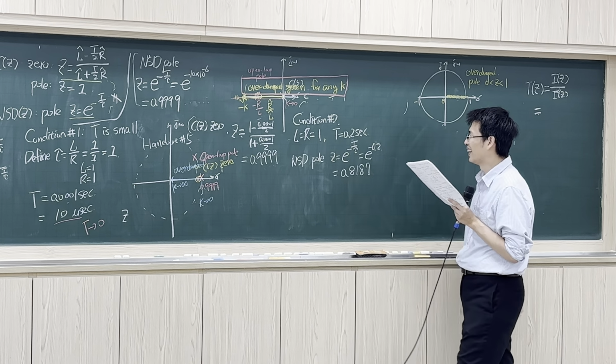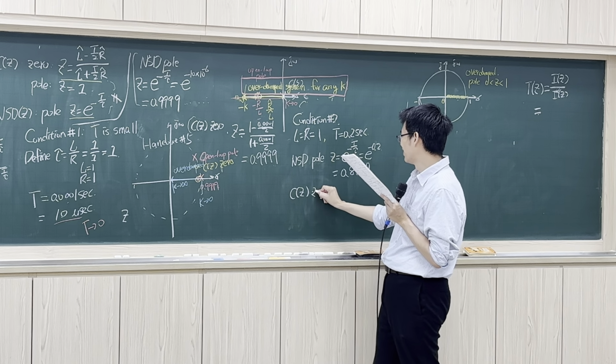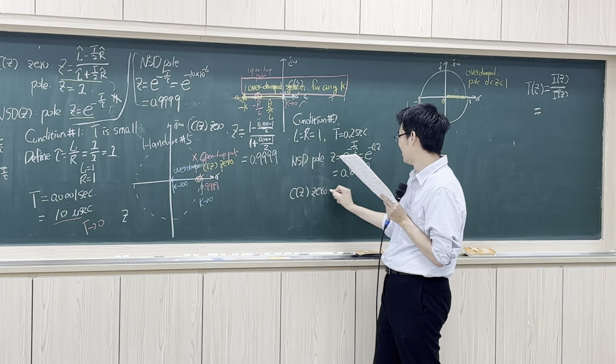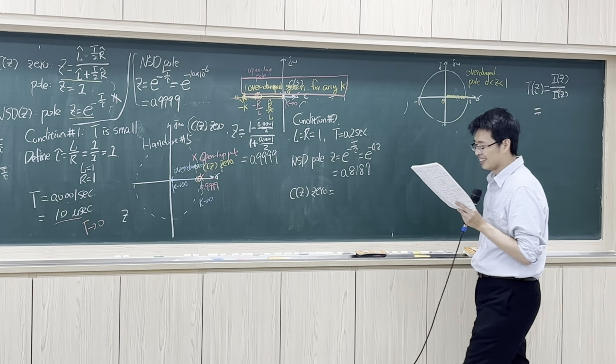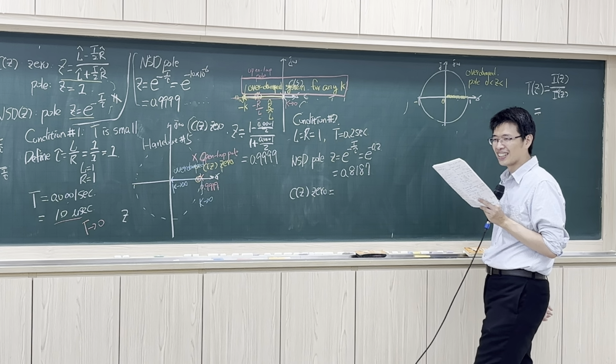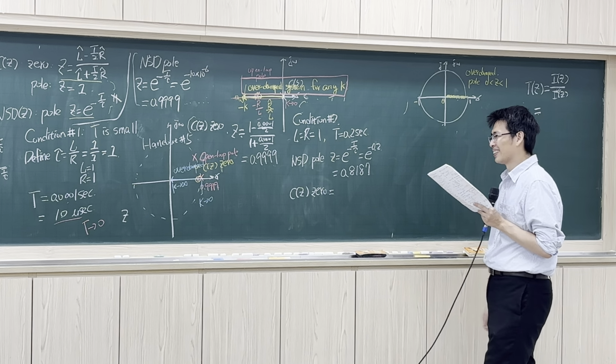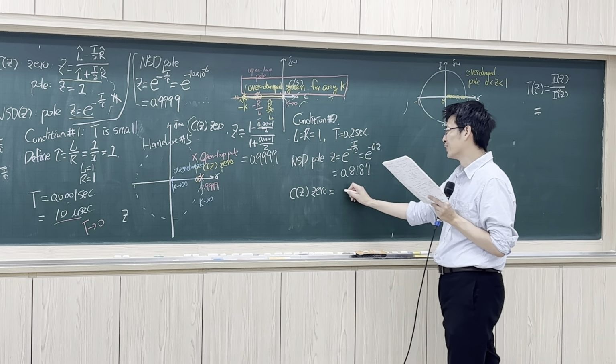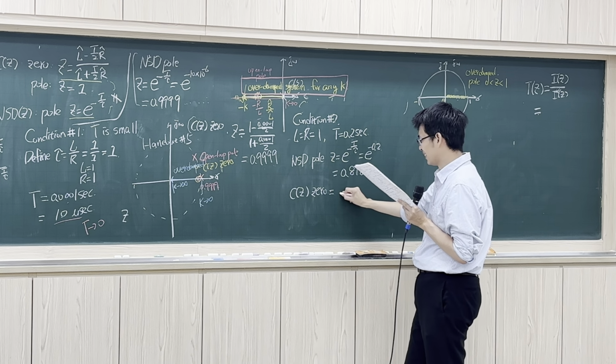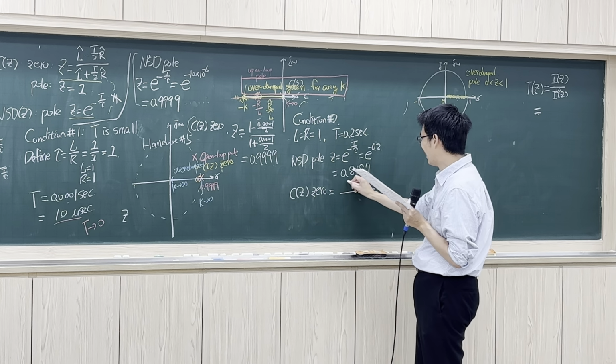How about CZ zero? Our controller zero. You will find the pole-zero cancellation will start to lose its accuracy. So it is equal to 1 minus 0.2 divided by 2.